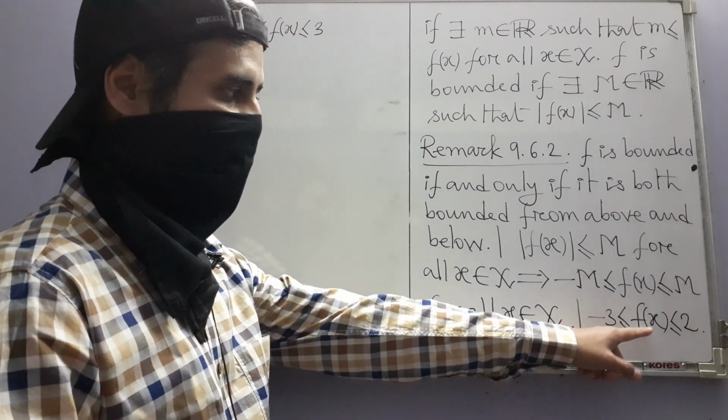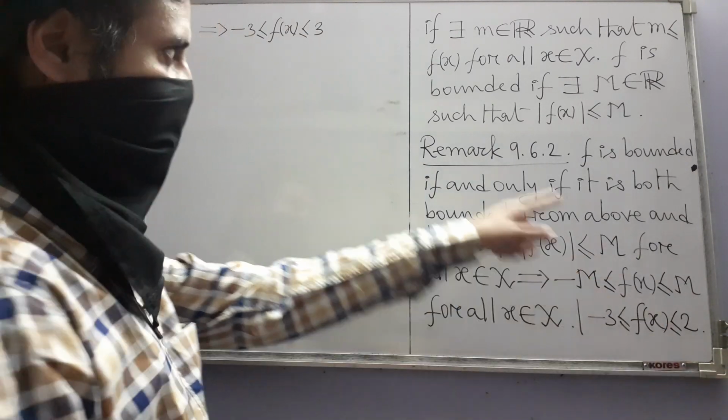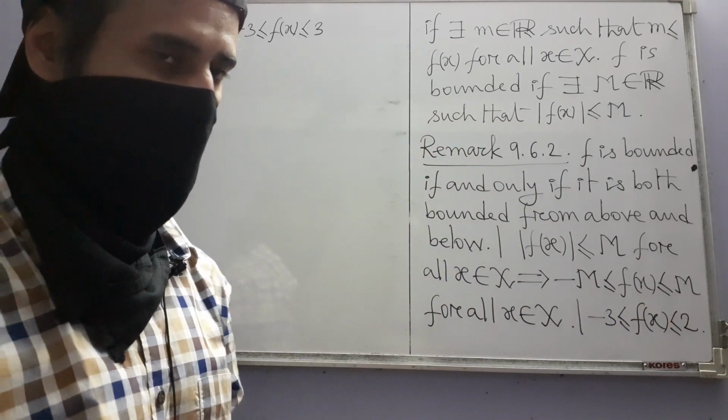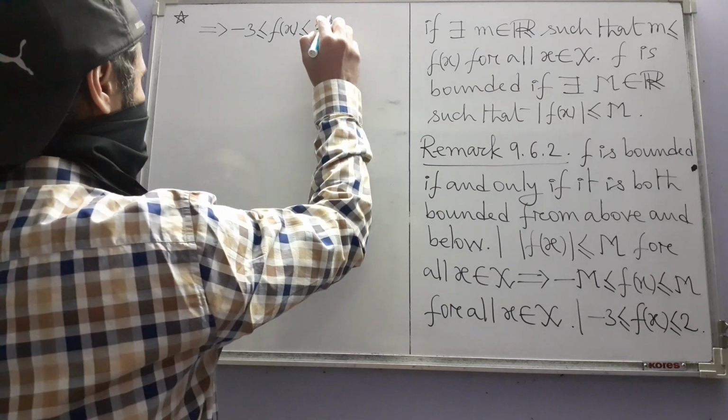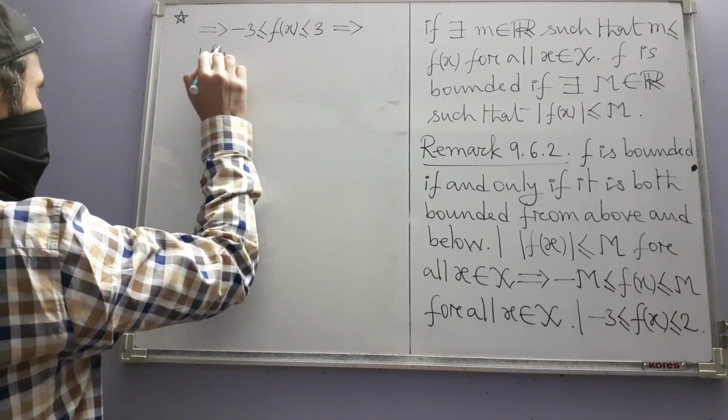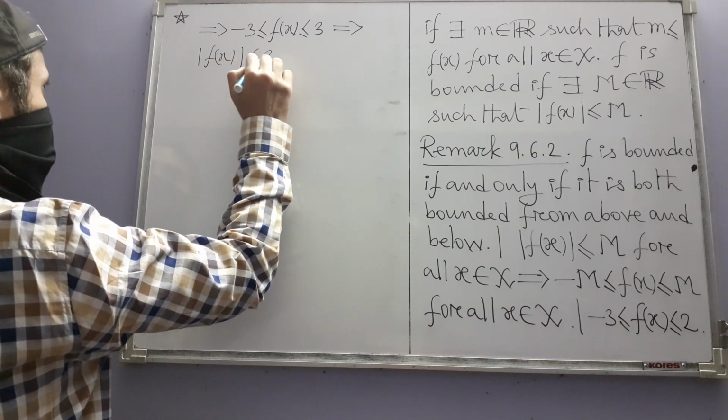Because if all the F values are less than or equal to 2, then automatically they are also less than or equal to 3. In fact, strictly less than 3. And that in turn implies this.